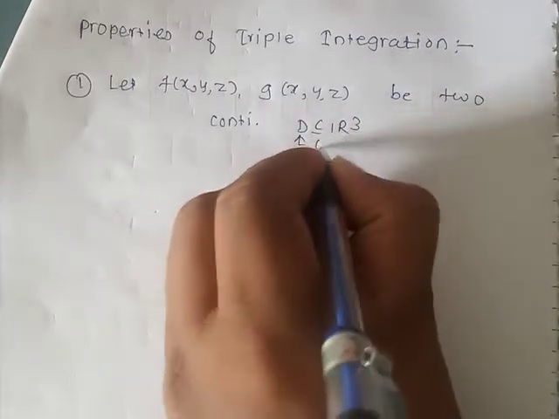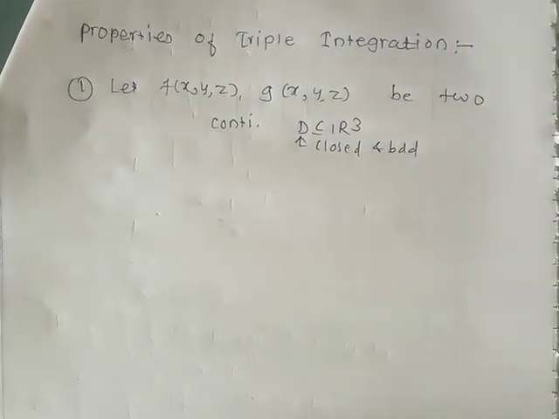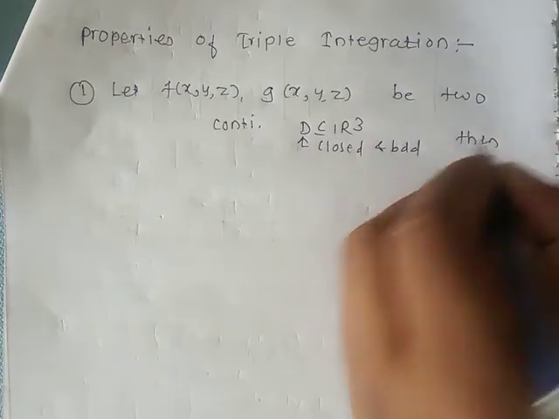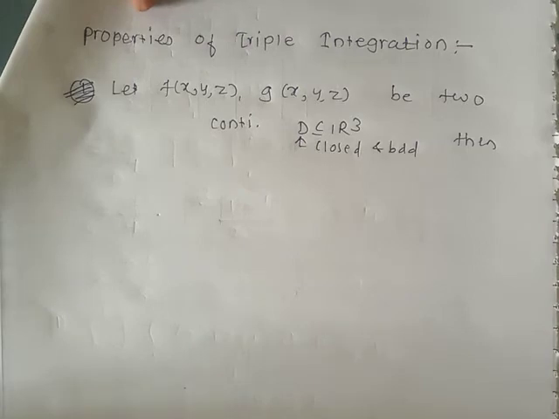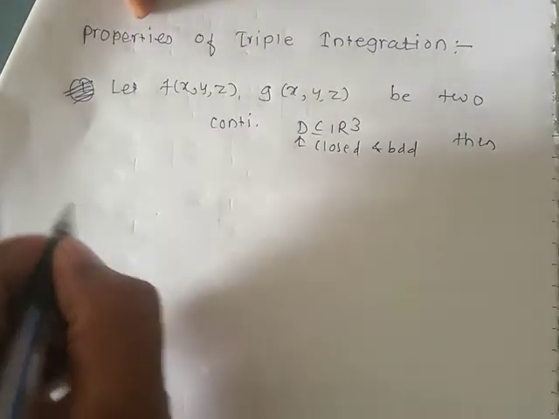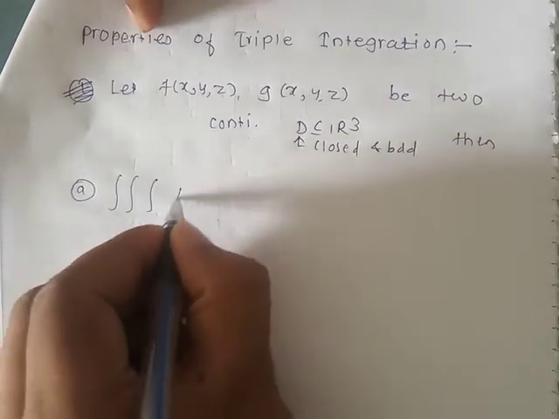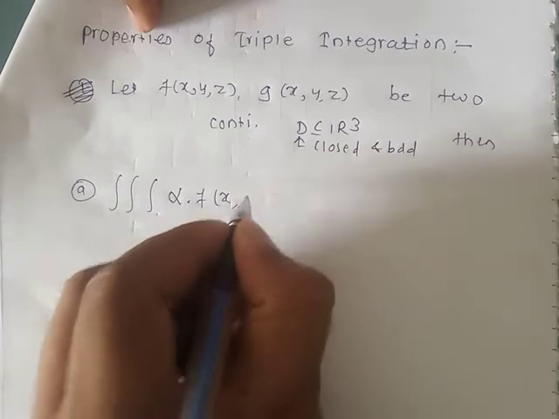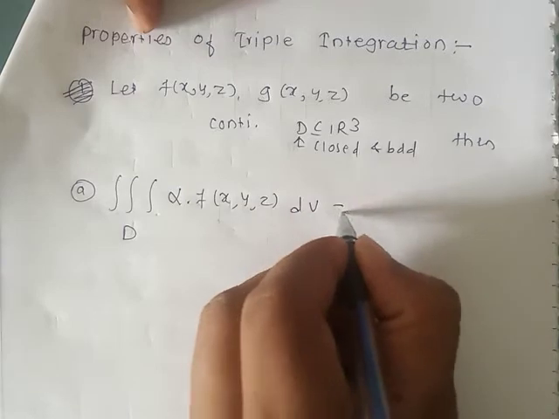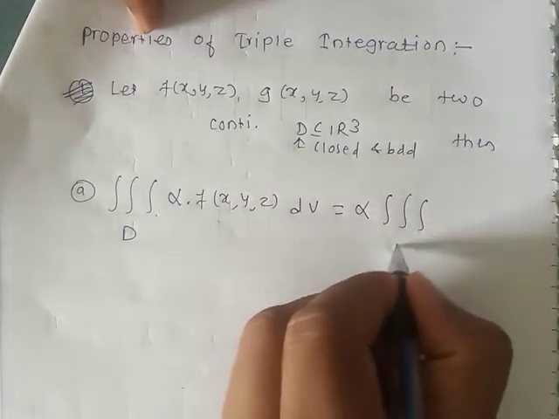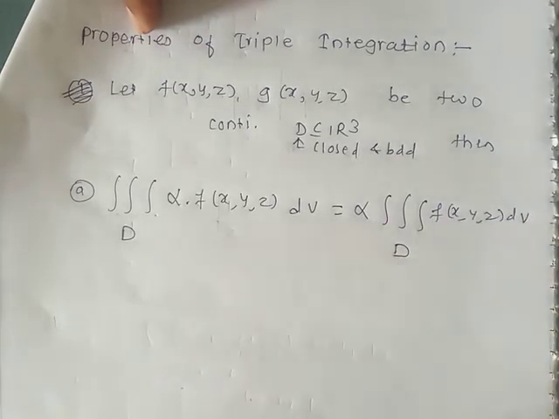These are necessary conditions: the function must be continuous and defined on a closed and bounded region D. Then the first one is the triple integration of alpha times f of x, y, z dV over this region D is equal to alpha times the triple integration of f of x, y, z with respect to dV over this region D.